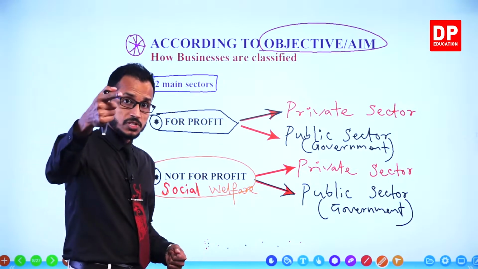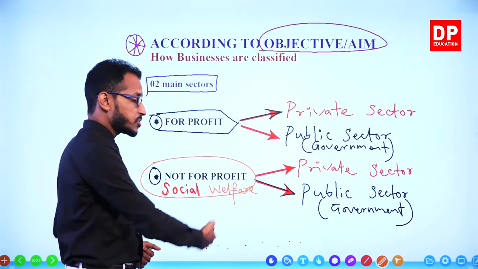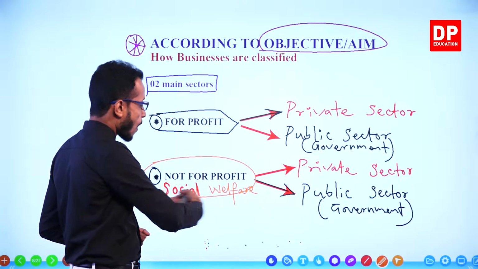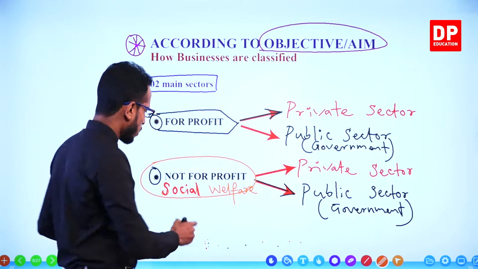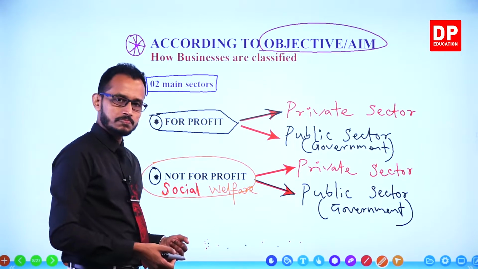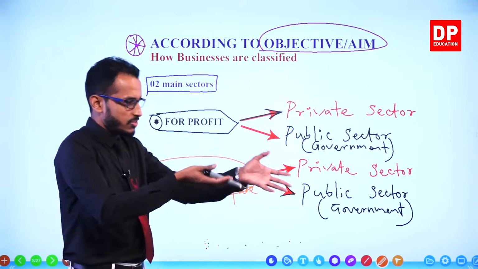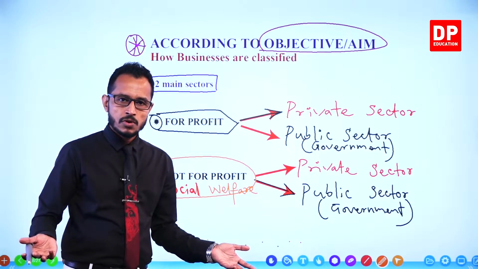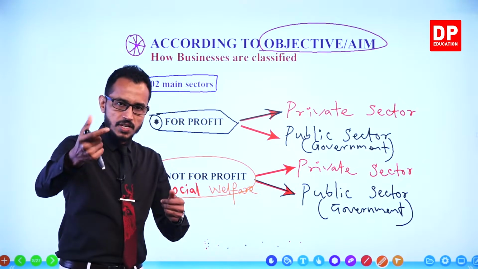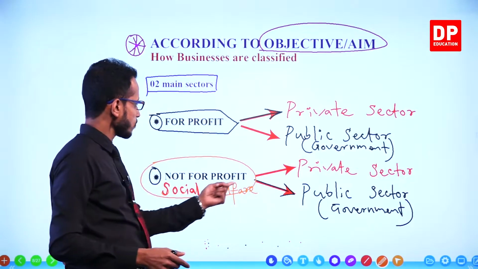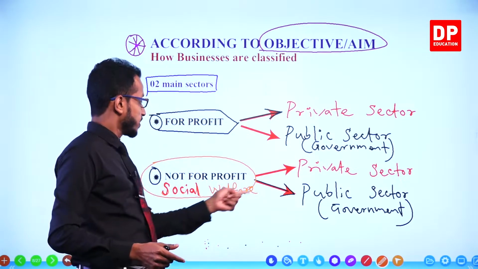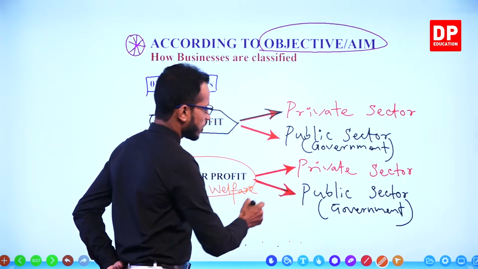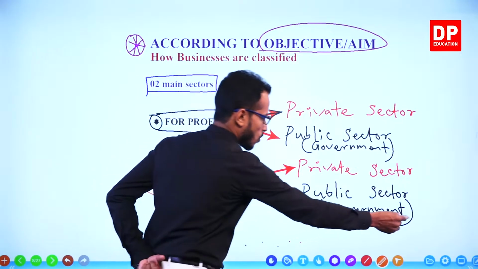Non-profit organizations generally have this objective, social welfare or community development. They provide a service to the nation, the society, the community, and do not earn a profit. These organizations can mostly be seen in the public or government sector.